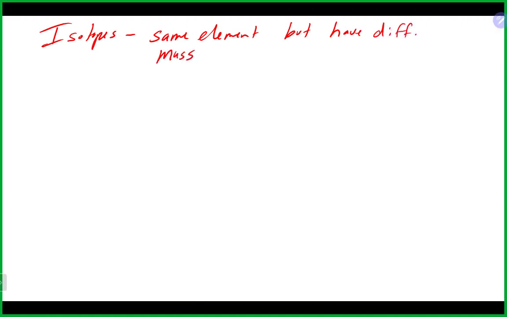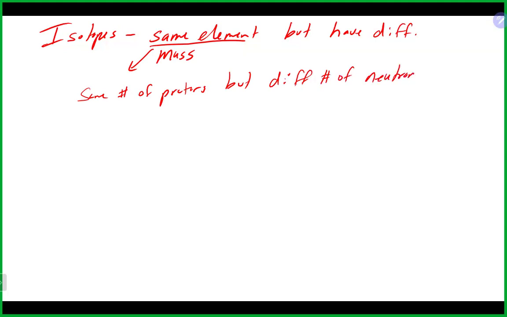And as we talked about earlier, the protons are the most important thing in terms of what element you're dealing with. So in order for them to be the same element, they have to have the same number of protons, but different numbers of neutrons.